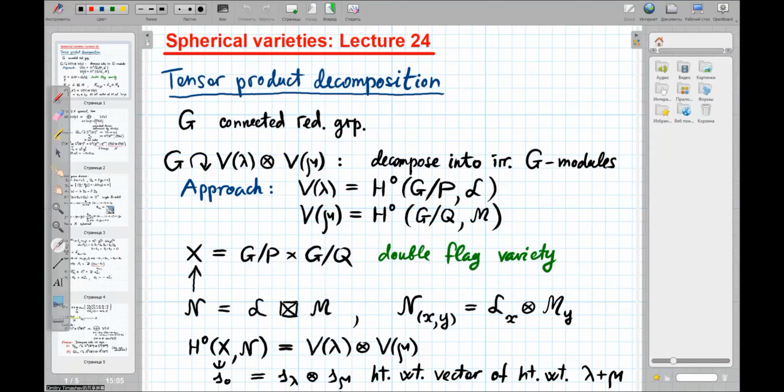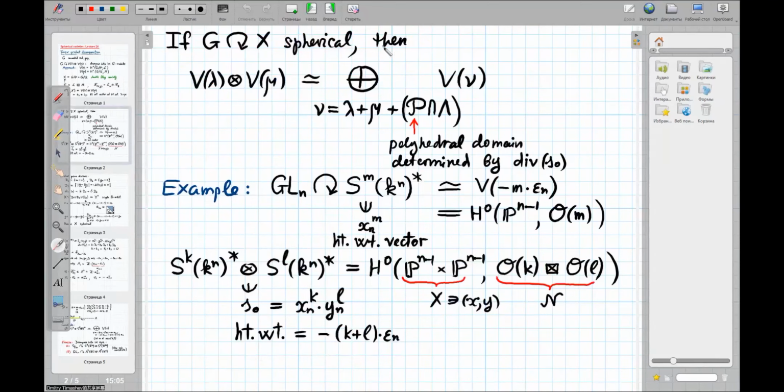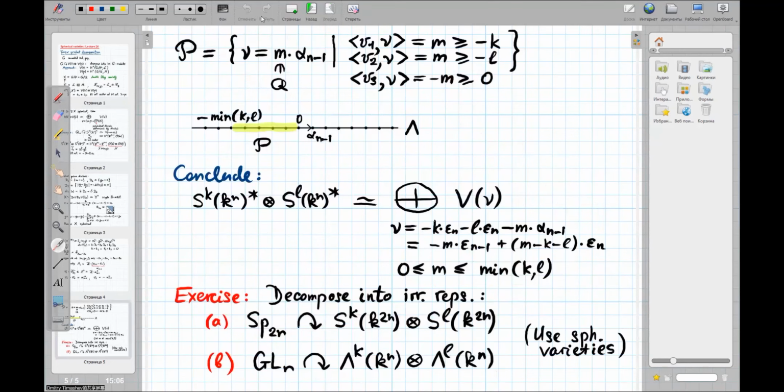But if you want to decompose efficiently this tensor product into irreducible representations, so this is the space of sections of the outer tensor product bundle, then it can be done efficiently if the action is spherical. Not only in this case, also in the so-called case of complexity 1, but this I don't want to discuss. So in the spherical case, it can be done. And this was done, actually, in all possible cases. Let me comment on it.